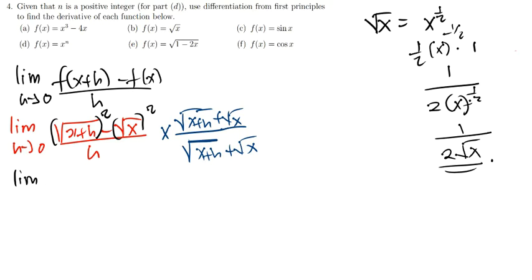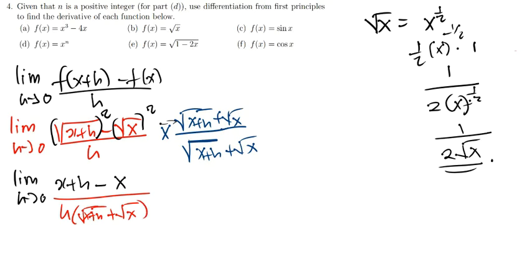So I'll have limit as h approaches 0, then I'm going to have x plus h minus, this is going to be x. Now this one has gone, because if you want you can try it, you multiply everything here with that, it's the same as just squaring the one having negative. Then I divide that by h, then open brackets, I've got root of x plus h plus root x.